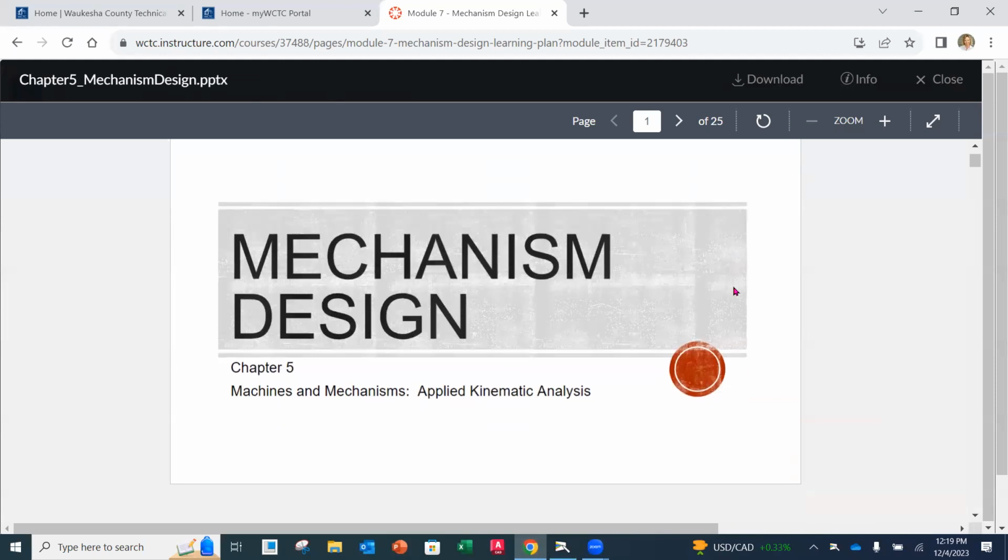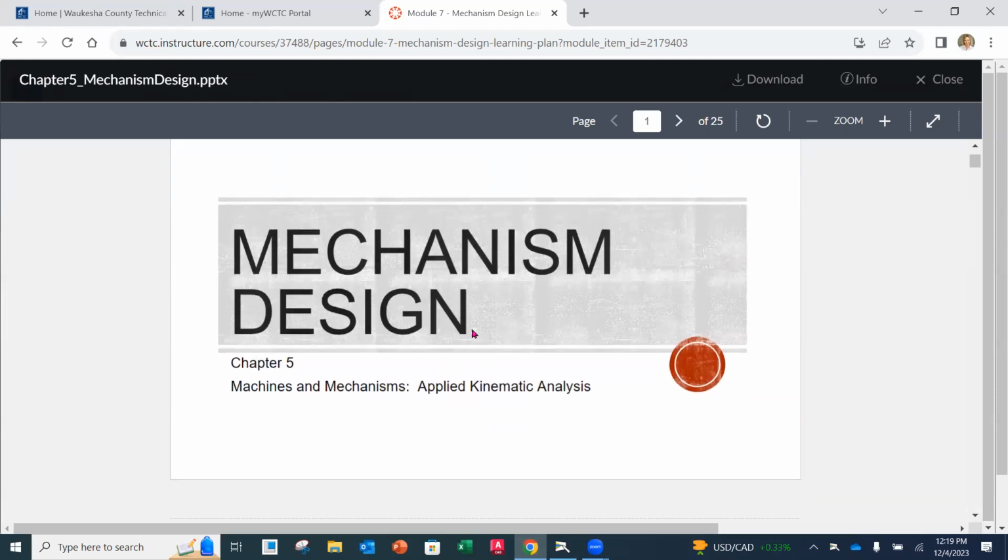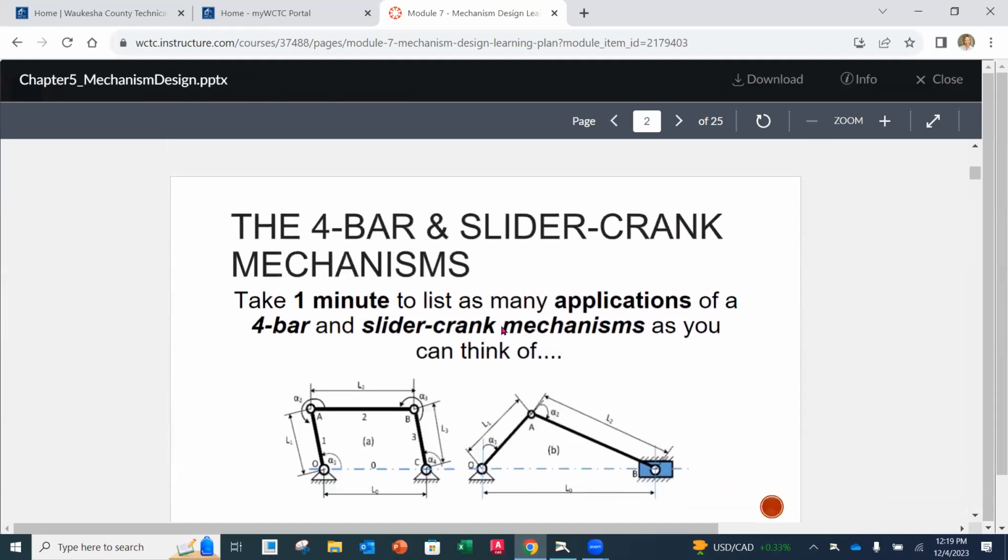All right. Mechanism design, chapter 5. So we've all looked at and seen 4-bar mechanisms up to this point. The two main categories of 4-bar mechanisms are the oscillating or rocker type, crank rocker as we refer to them, or the crank slider.